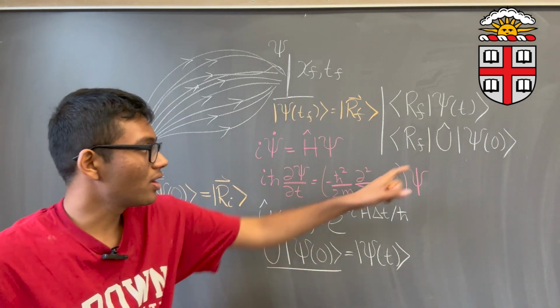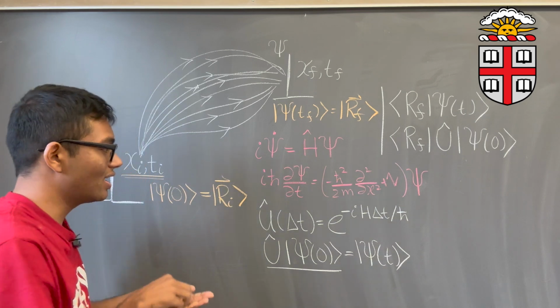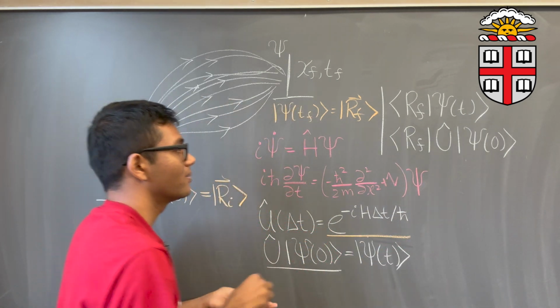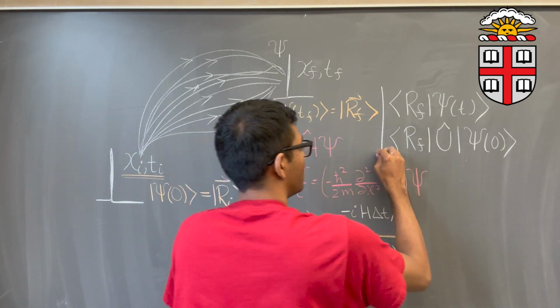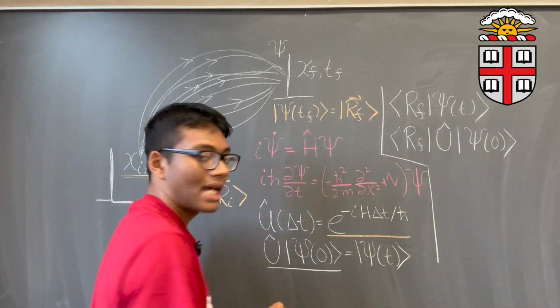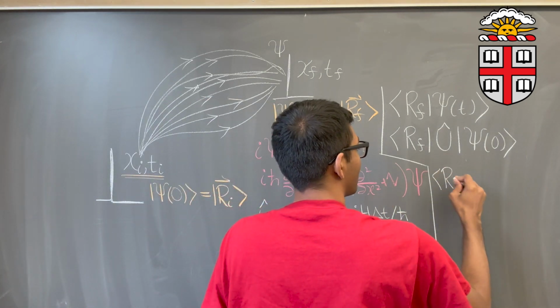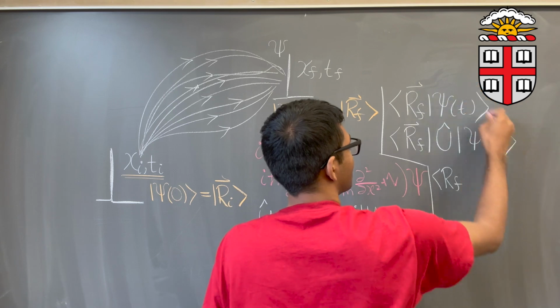Okay, well, first of all, what is our time evolution operator if not this phase shift right here? So let me put that in right here. So we have a phase shift for our time evolution operator. That's going to look like r_f, that's our final position.